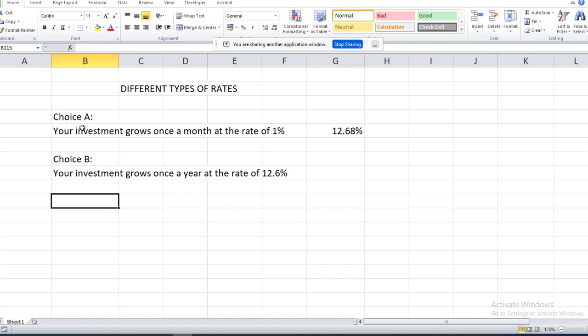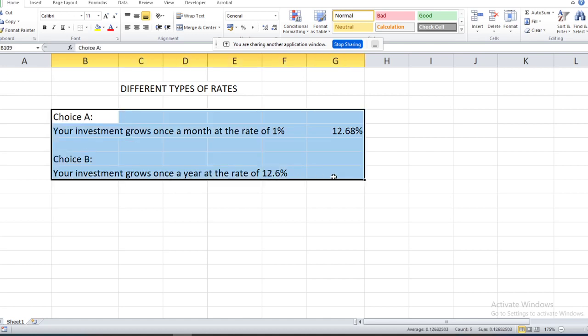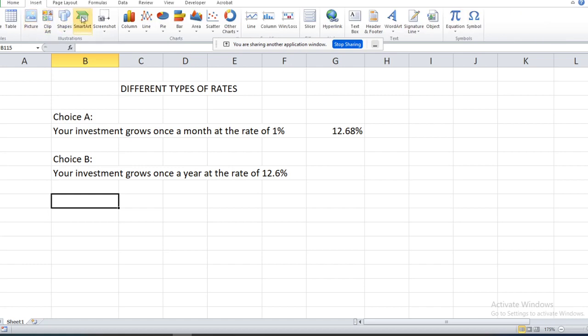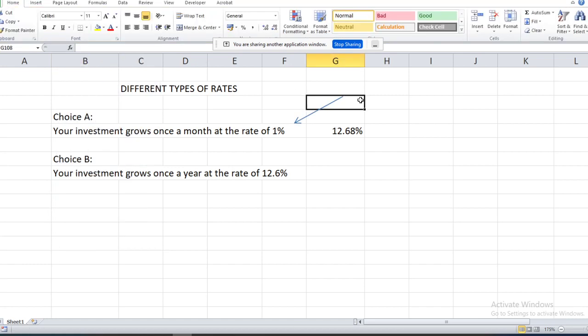So here's an example that shows clearly the difference between interest rates, okay? If you simply take 1% and multiply it by 12, what you get is 12%.